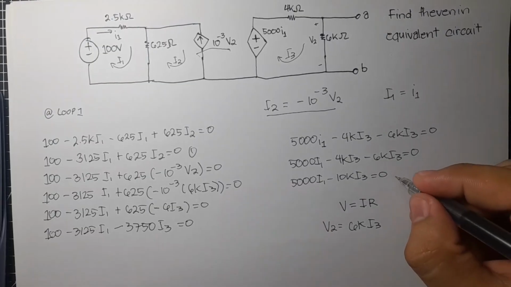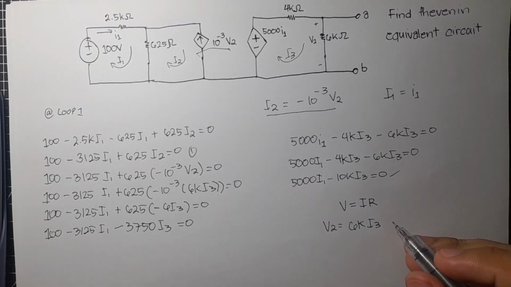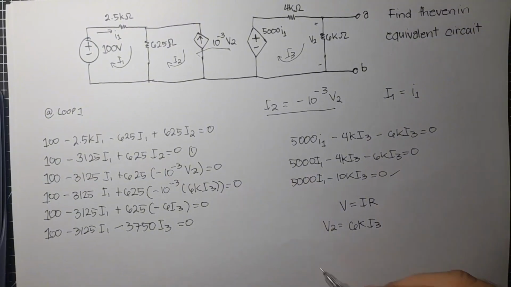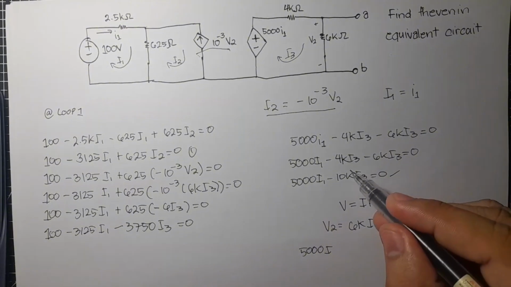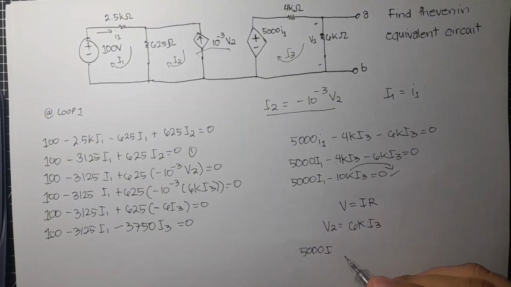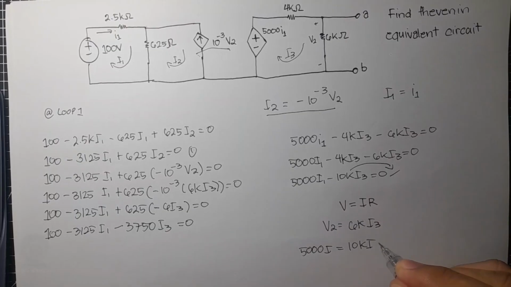So we can use this equation to find the value of I3 or I1. So let's try finding the value of I1. So 5000 I1, let's transpose this, so equals 10K I3.